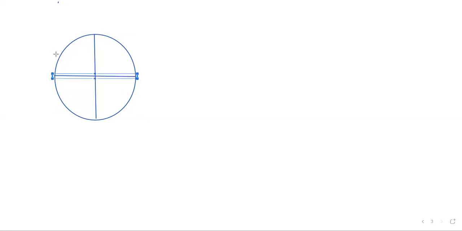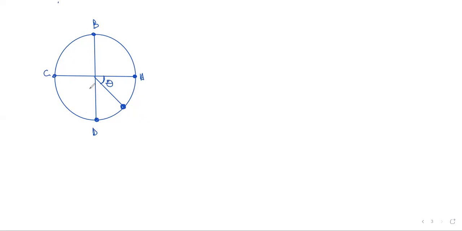So points A, B, C, D. Now let's consider at any angle theta, meaning when the body is here and it makes any angle theta with either the horizontal or the vertical.